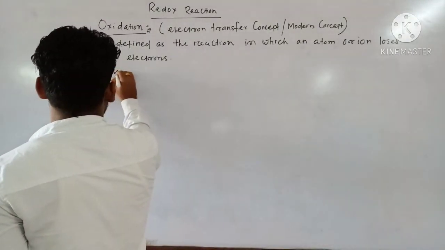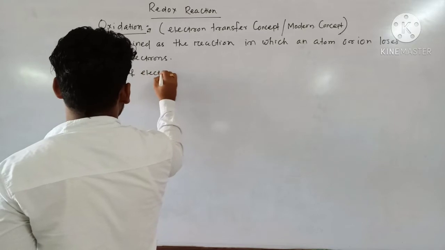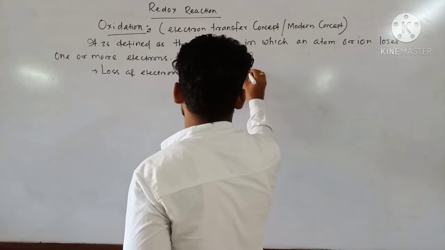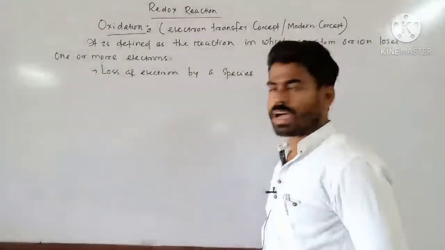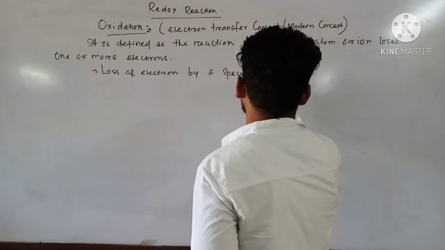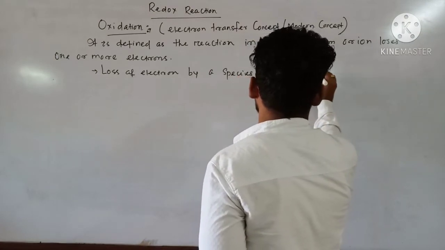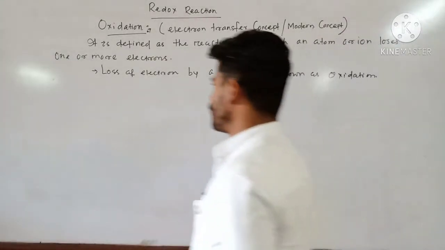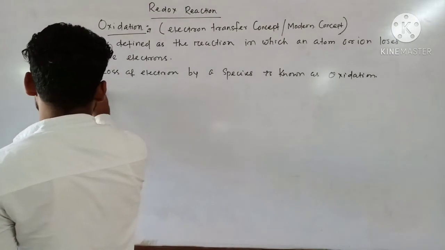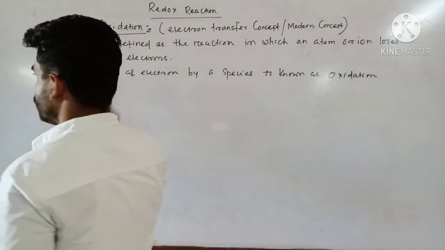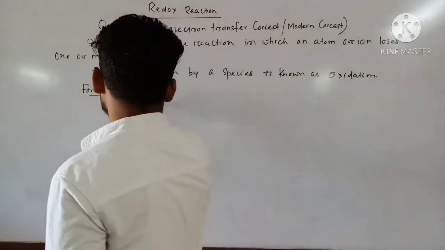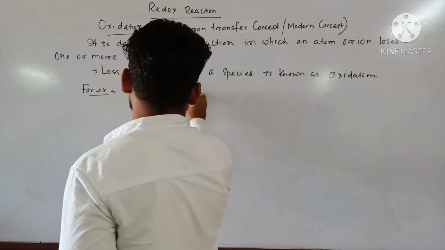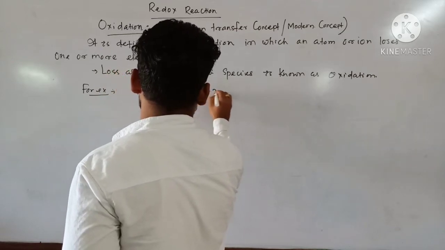That is, loss of electron by a species, whether it is an atom of any element or an ion, is known as oxidation. For example, a simple example I am providing to you. Suppose I am considering aluminium converted into Al3+, loss of 3 electrons.